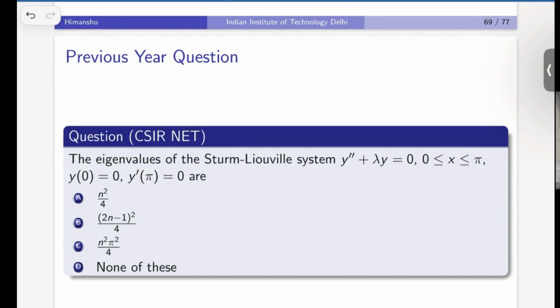Again, it is clear from the options. My lambda will be positive, right? But options A, B, C say my eigenvalue has to be positive. But since there is none of these, we have to verify for lambda equals 0 and lambda less than 0.